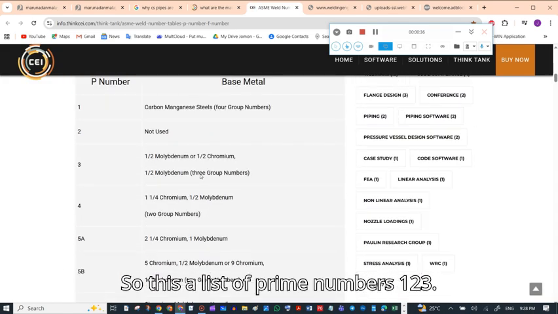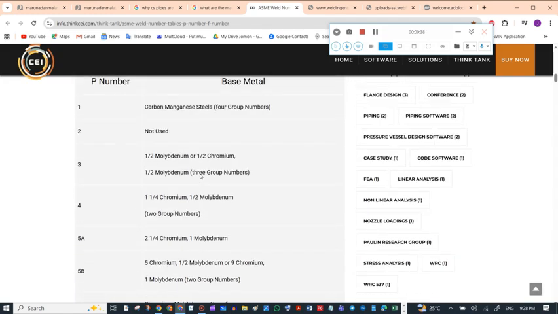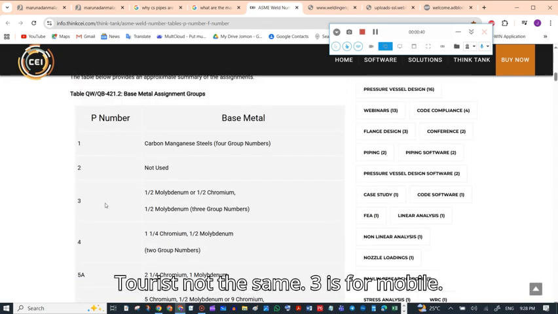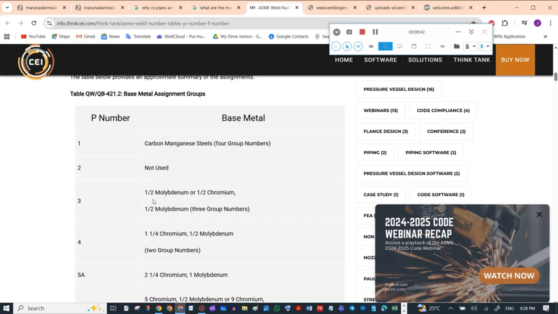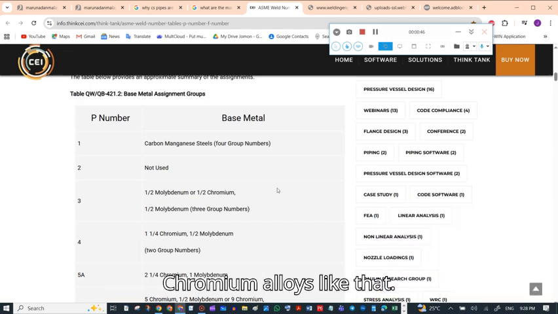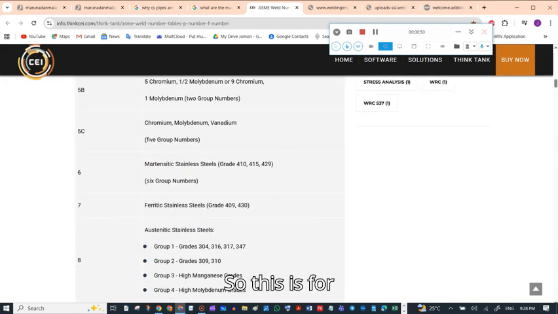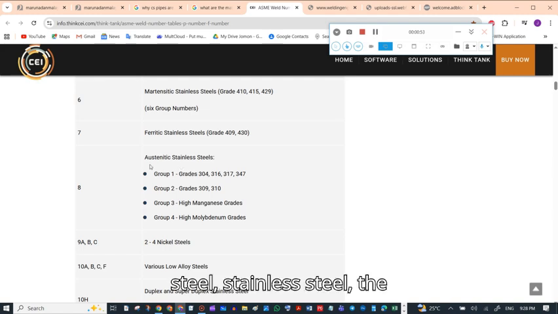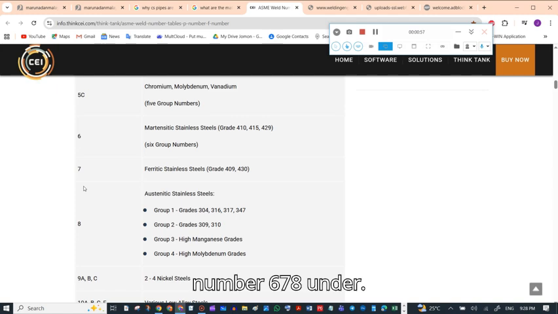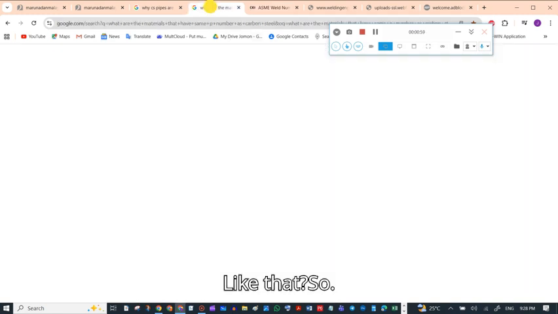So this is a list of P numbers 1, 2, 3. 2 is not assigned. 3 is for molybdenum or chromium alloys like that. And this is for stainless steel, P number 6, 7, 8, and so on.